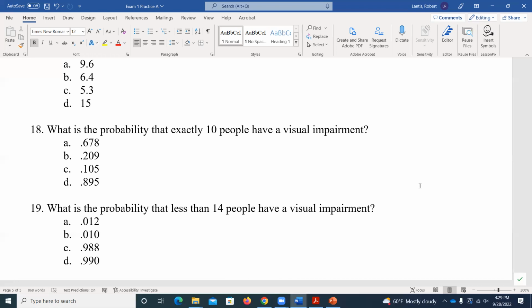I can ignore that. 15 factorial over 14 factorial, everything's going to cancel except for 15. Or I could enter this in my calculator and it could tell me that the value is 15 pretty quickly. Here, anything to the power of 1 is just itself. So 0.36 to the 1, I could just treat this as 0.36.